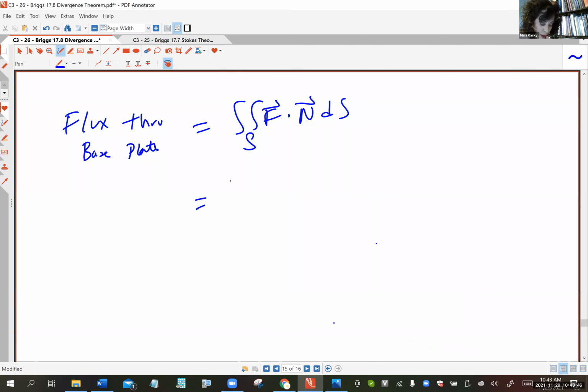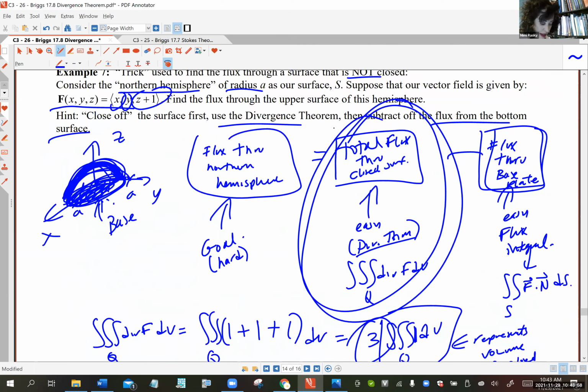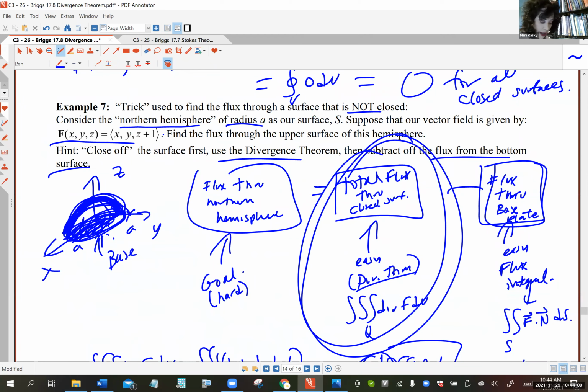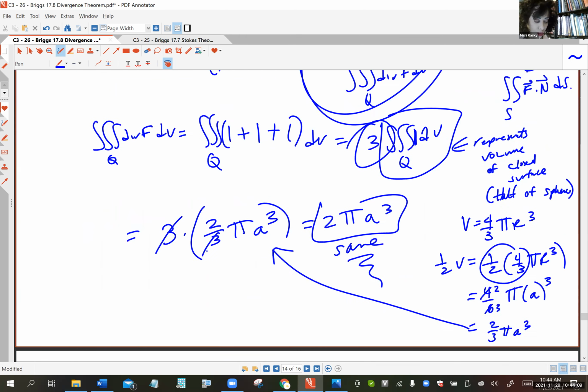You're going to turn it into a regular integral by taking the dot product of two things here. So who are you taking the dot product of? F, which they gave us here, x, y, z plus 1. And then n, a normal vector directed outward.